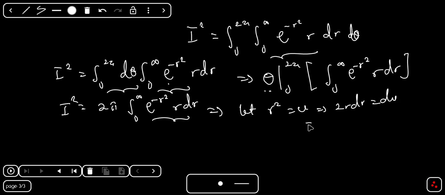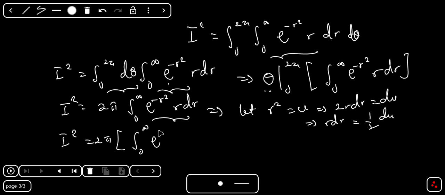So r dr is equal to 1 over 2 du. Okay, so we have I squared is equal to 2 pi, multiplied by the integral. The limit is not changing, so that will be from 0 to infinity, e raised to the power of negative u, multiplied by 1 over 2 du. I can just bring the 1 over 2 outside here.